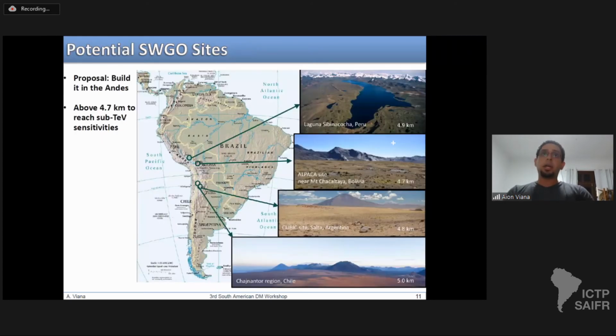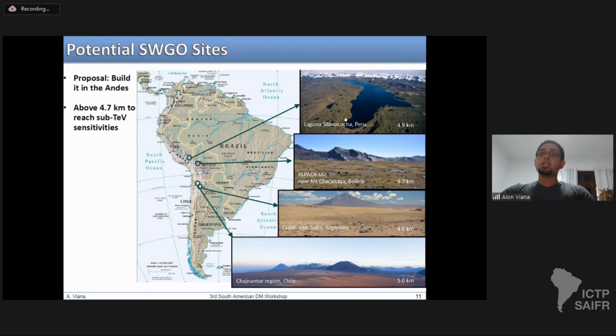The potential SWGO sites are basically over the Andes. The idea is to have a detector located above 4.7 kilometers to reach sub-TeV sensitivities. And here I give you a few examples of the potential sites.